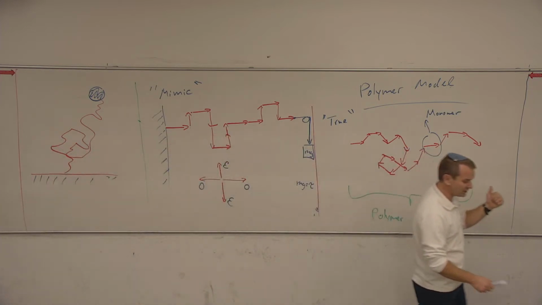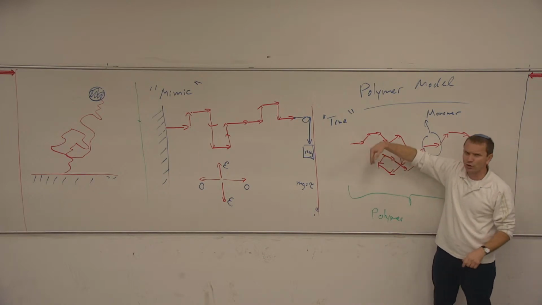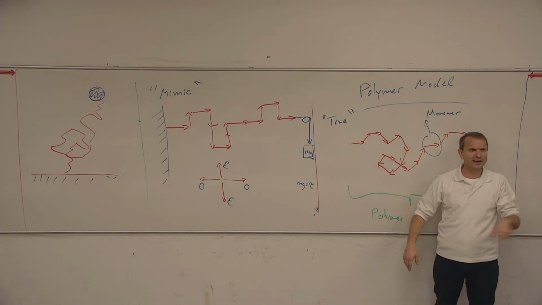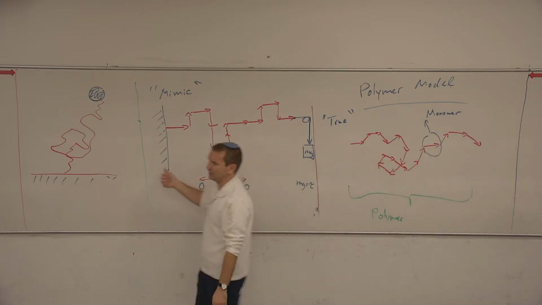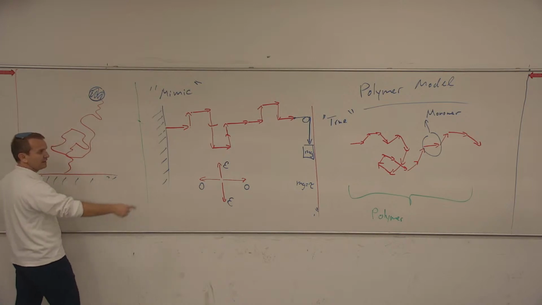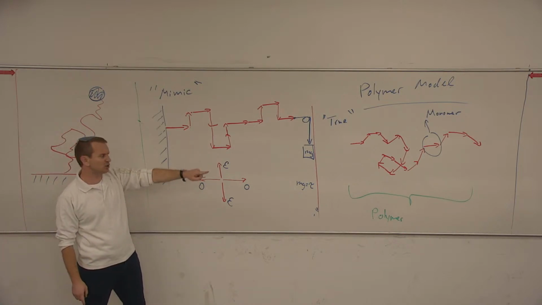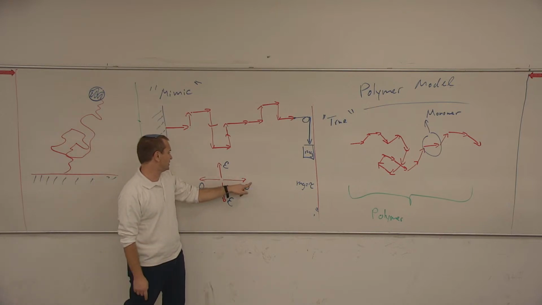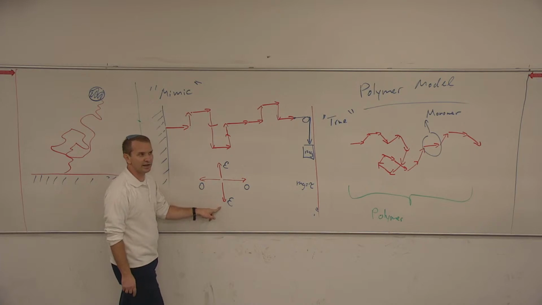Now, this is the first simplification. In a real situation, on DNA for example, my monomer can point in any direction that I like. But in my model, I'm saying the polymer can point only in very specific directions, which are x hat, y hat, minus x hat, and minus y hat.